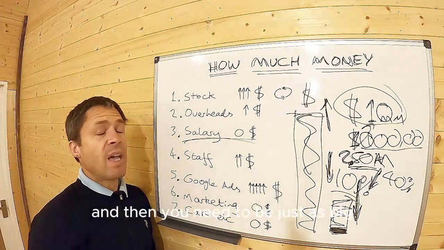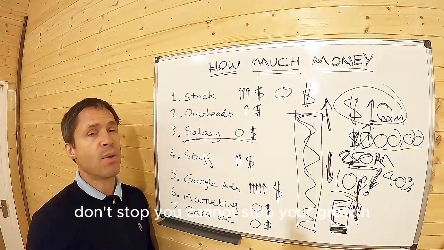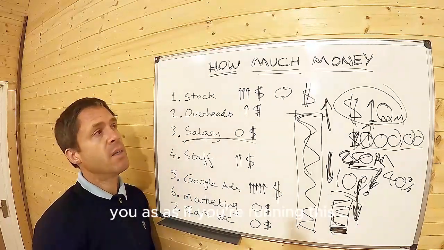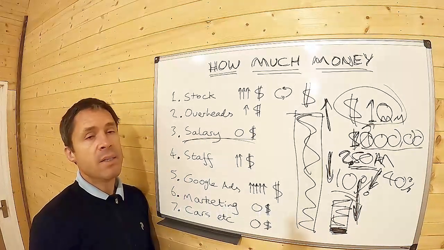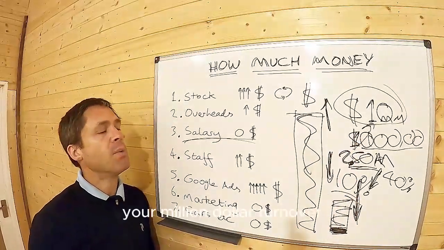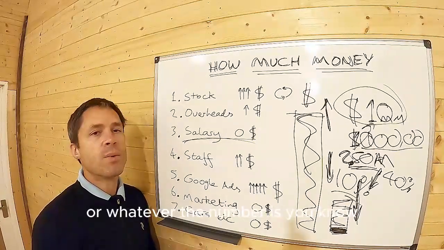And then you need to be just as big as possible. Don't stop. You cannot stop your growth. If you're setting this up, you cannot sit on your $1 million turnover or your 100,000 turnover or whatever the number is.